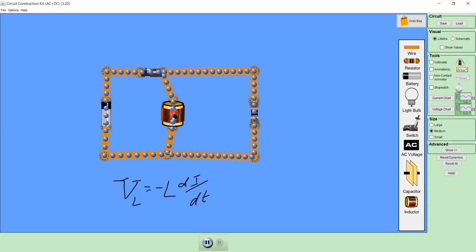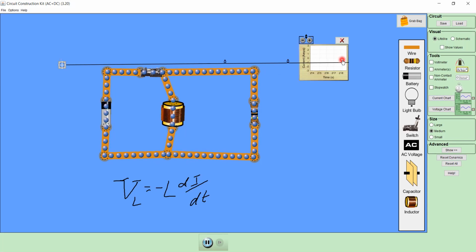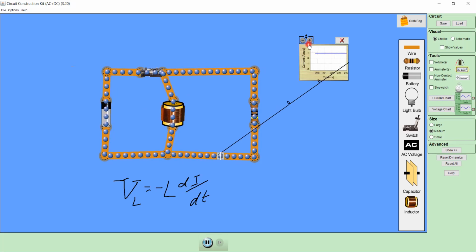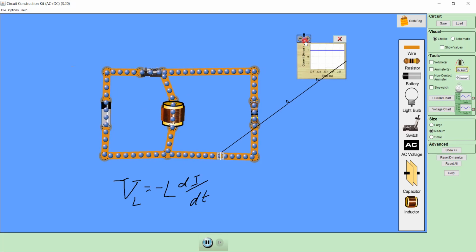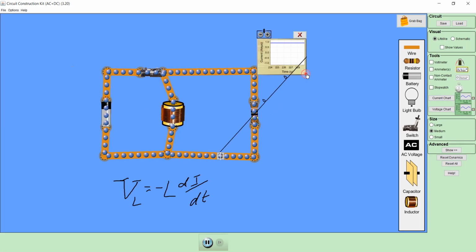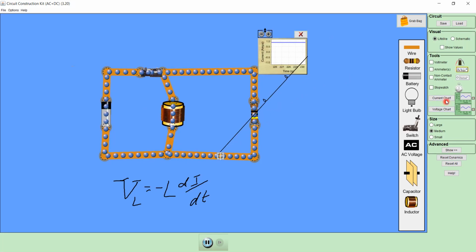And let's get a current chart here to see what happens to current. You can see it's holding steady there at 1 amp, it looks like. I wish I could make this bigger, but I can't. And let's look at voltage.